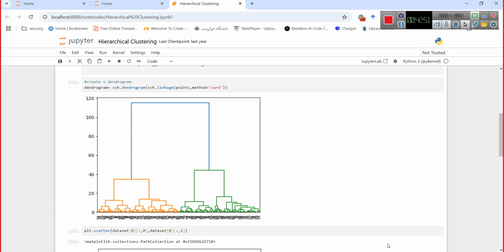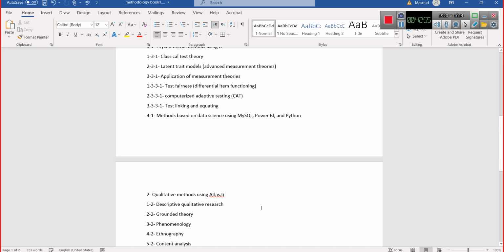These are actually the quantitative methods that I'm going to talk about. So when I say the quantitative methods, I mean this kind of method.